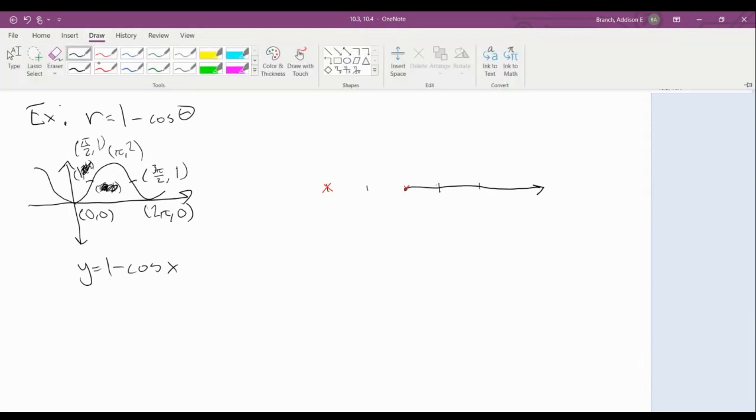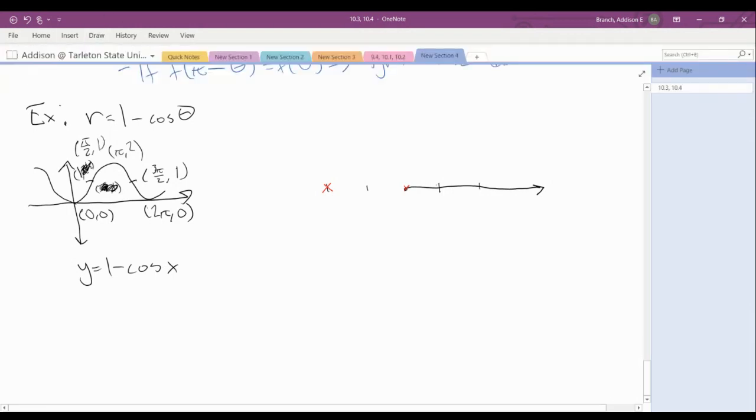So now we can go ahead and plot those. So we go straight up 1 unit, and at 3 pi/2, we can go straight down 1 unit. But that also doesn't tell us a lot just yet.